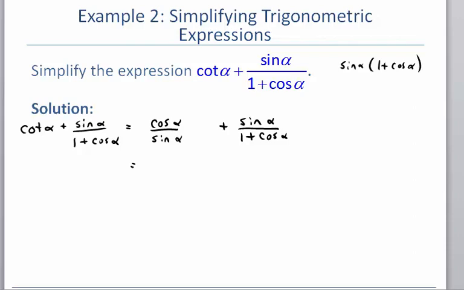That is our two denominators multiplied together. So on my first fraction, I have the sine, but I need the 1 plus cosine alpha. So I'm going to multiply 1 plus cosine alpha for the bottom. And remember that if you do it on the bottom, you also need to do it on the top.